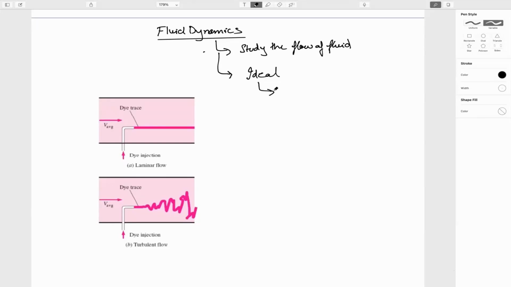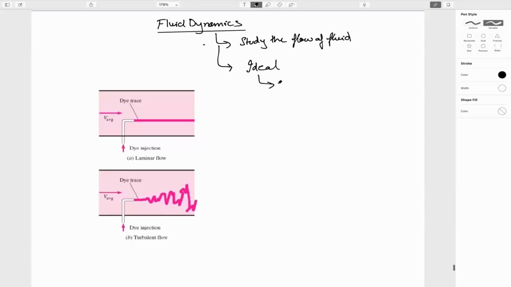And for ideal fluid, we have already discussed that there are some properties: incompressibility, that is density is equal to constant; inviscid, that is mu is equal to 0; irrotational, there shouldn't be any angular motion inside a fluid.